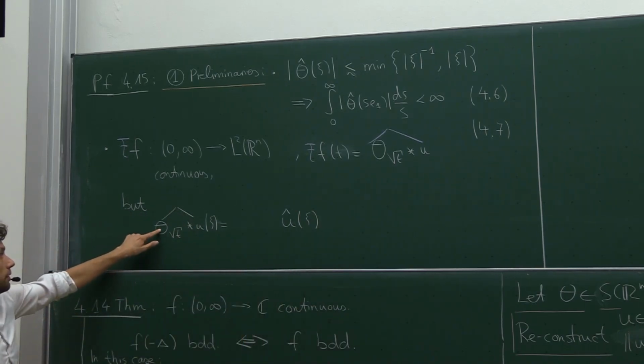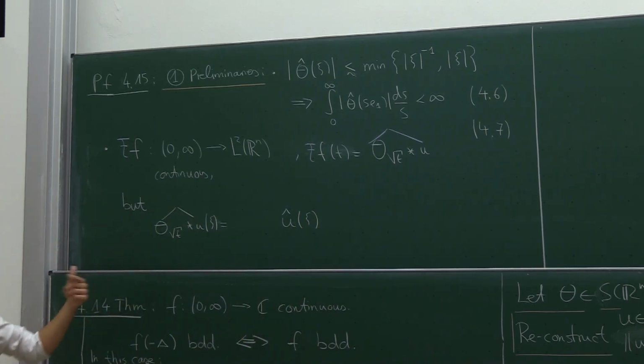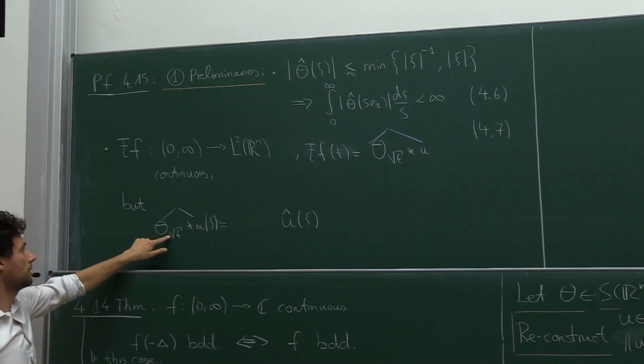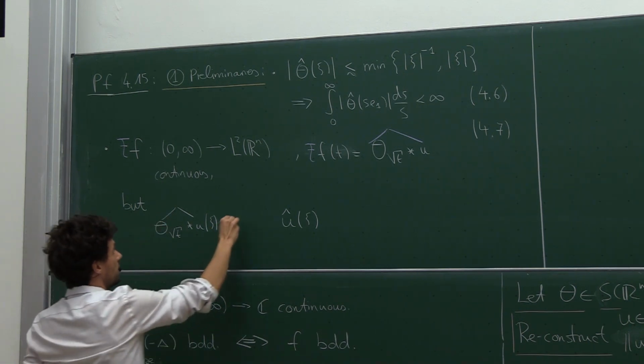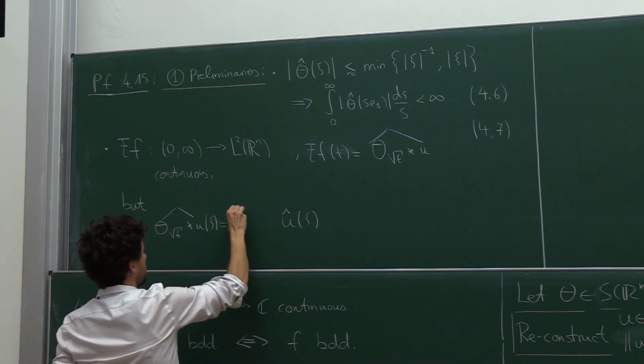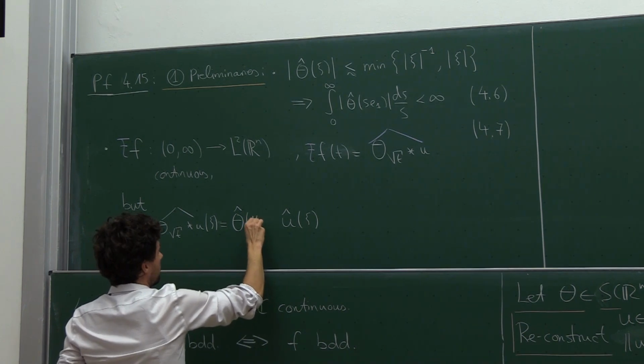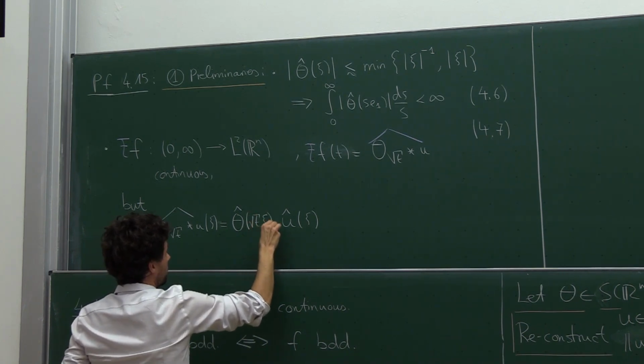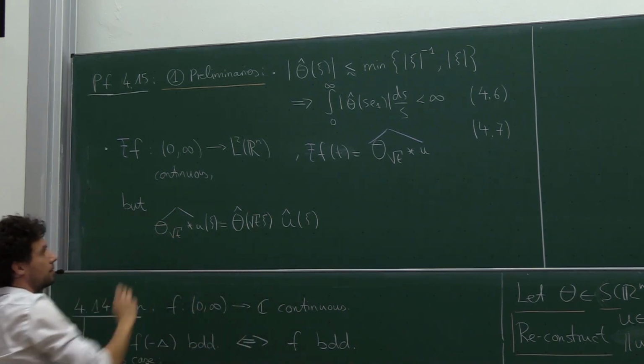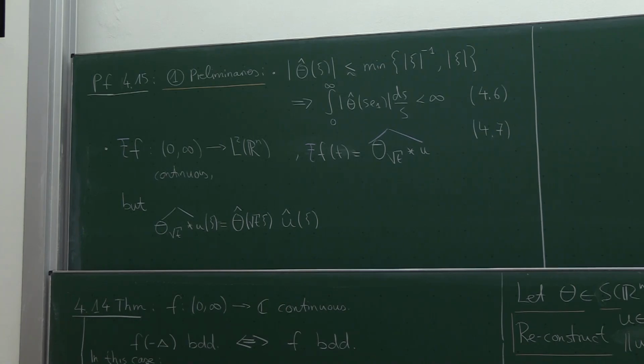And then I have to take the Fourier transform of the modifier attached to theta. And this was one way of formulating the rule for Fourier transform in dilations, that if I take the modifier associated to a function and I take Fourier transform, then this is giving me Fourier transform of the function where I multiply by the modifier variable.